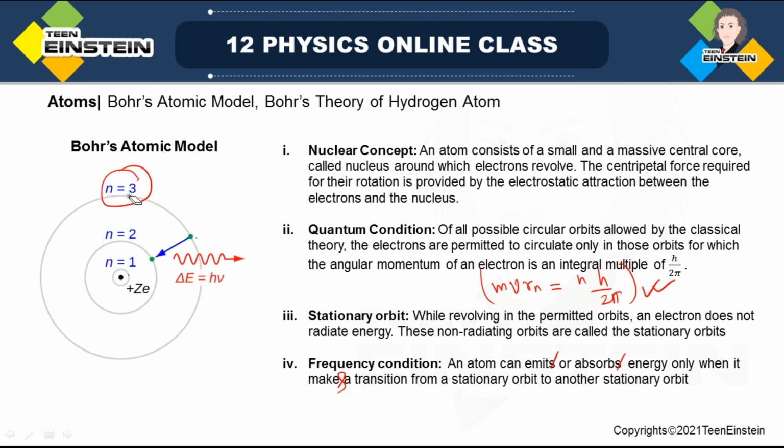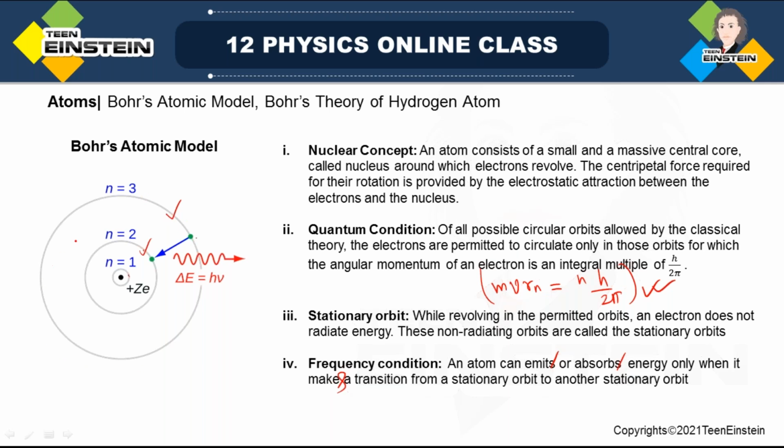When an electron makes a transition from the third orbit to the second orbit, each orbit has, as we will learn very soon, a different energy. This orbit has a certain amount of energy, and this one has greater energy. The third orbit, n equal to 3, has even higher energy.